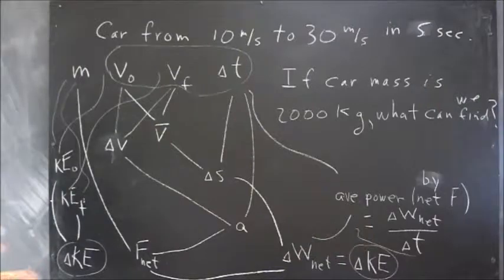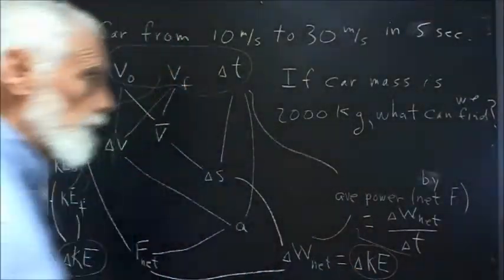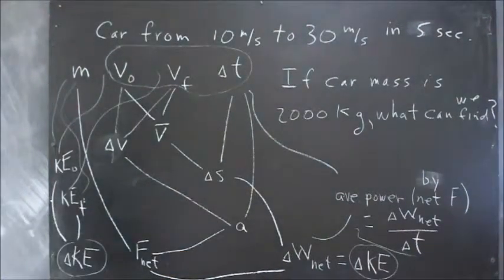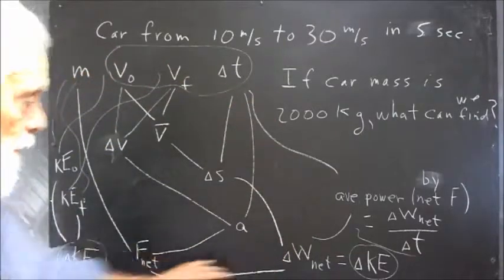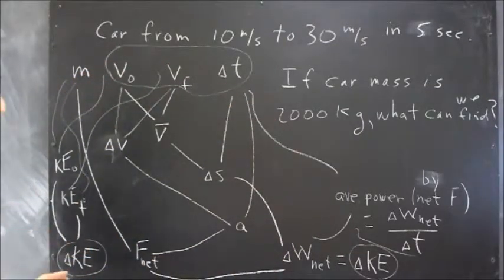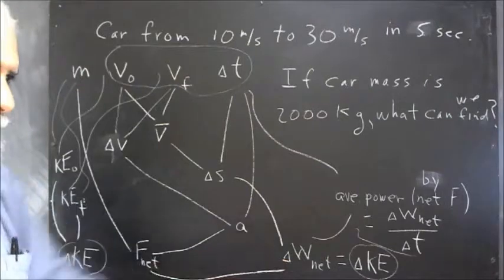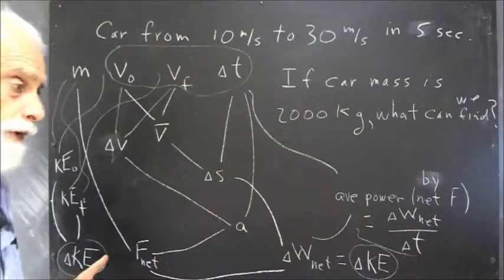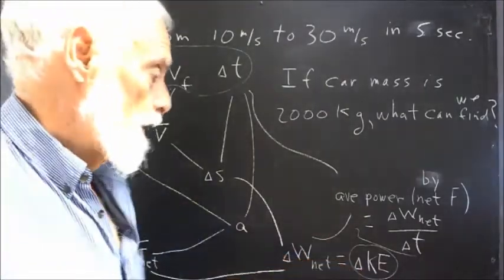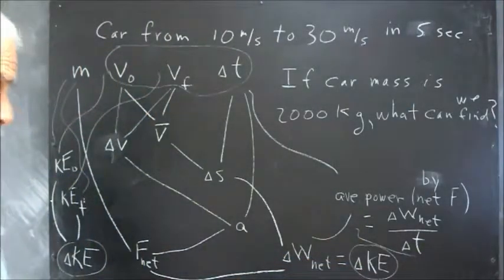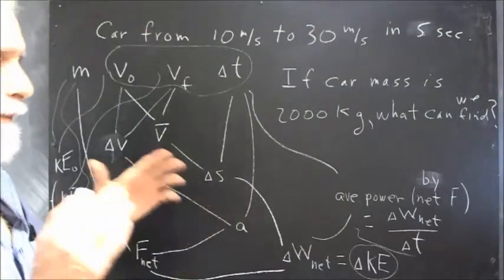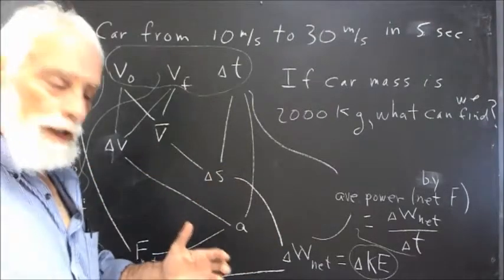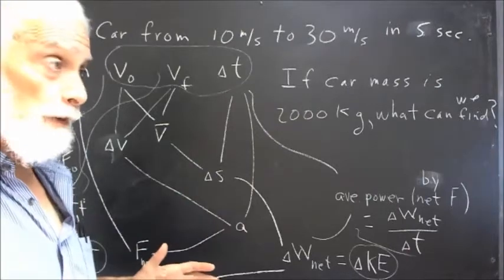And, well, think about it. Now that's something we just saw over here. So we have two different ways to get the change in kinetic energy, and they have to agree. All these connections weave these things together in a way that the change in kinetic energy has to be the same one way as the other. And that goes back, of course, to the way we've defined kinetic energy and the change in kinetic energy in terms of substituting a equals F over m into the fourth equation of uniformly accelerated motion.